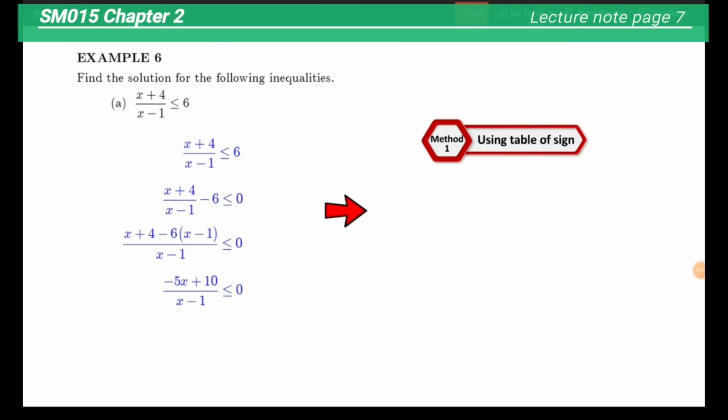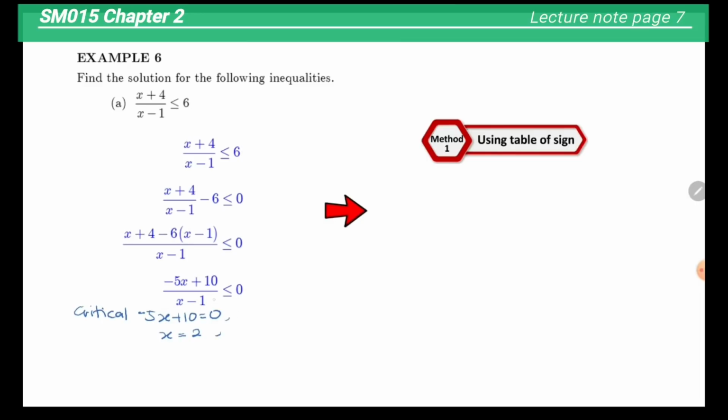Now I want to show you the method of using the table of sign. Firstly, before we draw the table, we need to find our critical numbers. We can find the critical numbers by solving the factors that we have here. So first, negative 5x plus 10 equal to 0, then x is equal to 2.